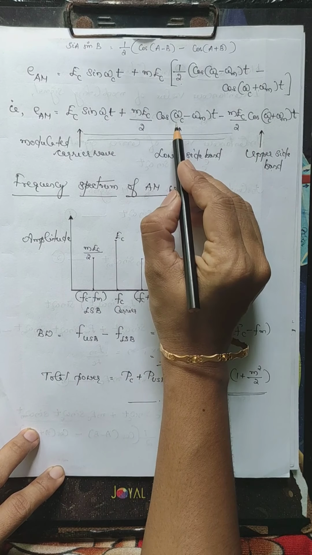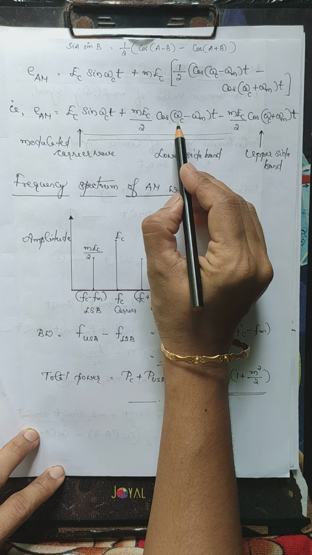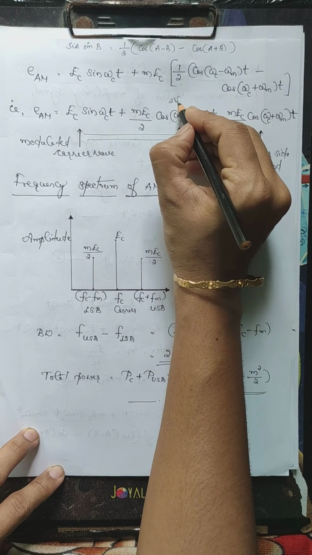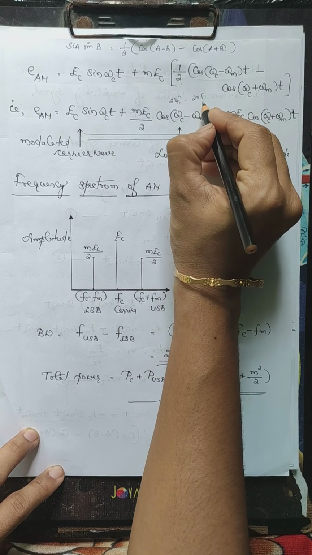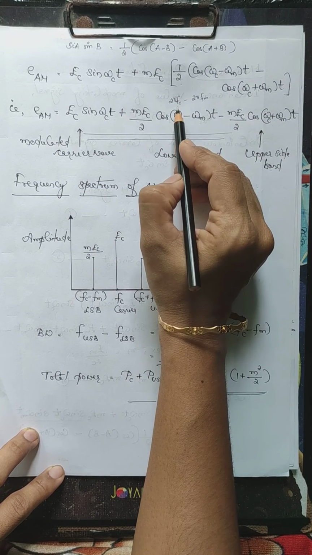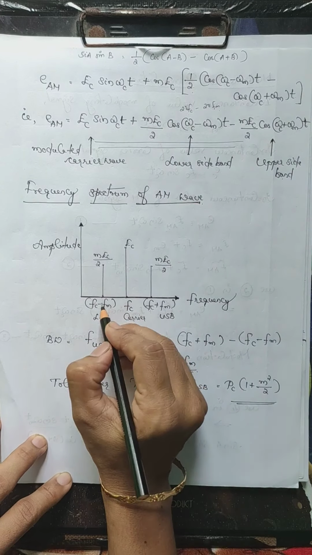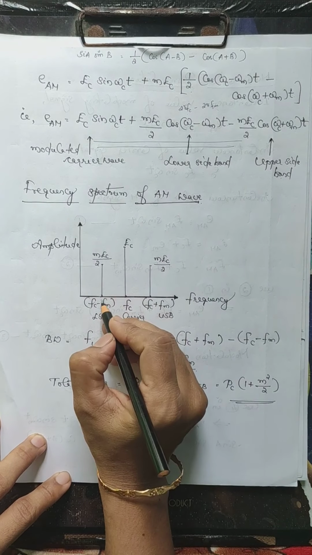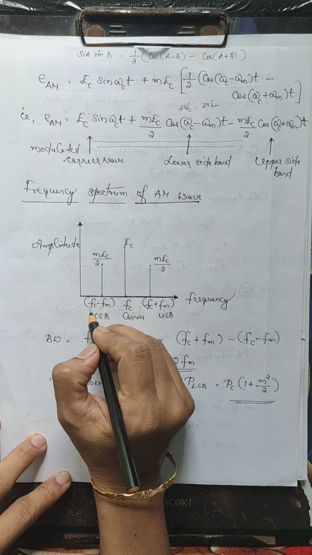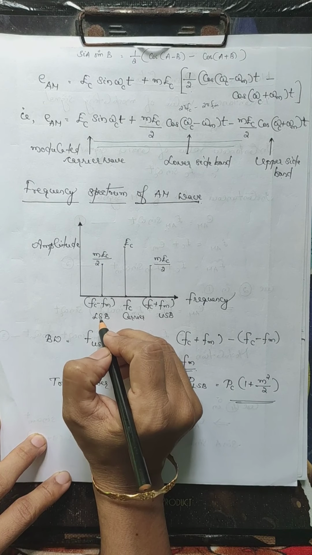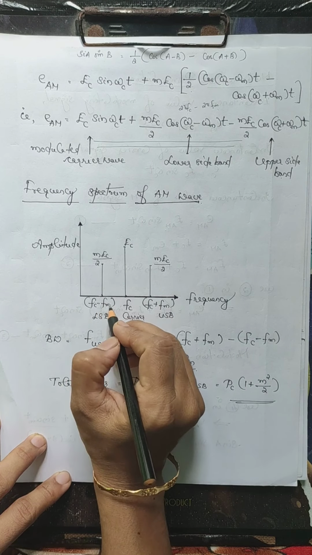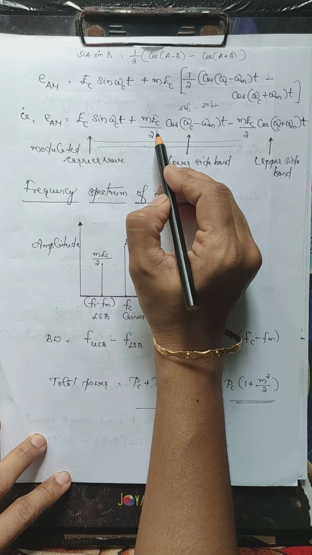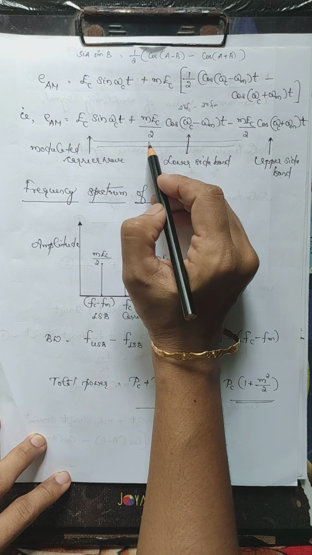The lowest frequency is omega c minus omega m, that is 2 pi fc minus 2 pi fm, which can also be written as fc minus fm. So the lowest frequency component present in the amplitude modulated wave is the lower sideband fc minus fm, and it has a maximum amplitude MEC divided by 2.